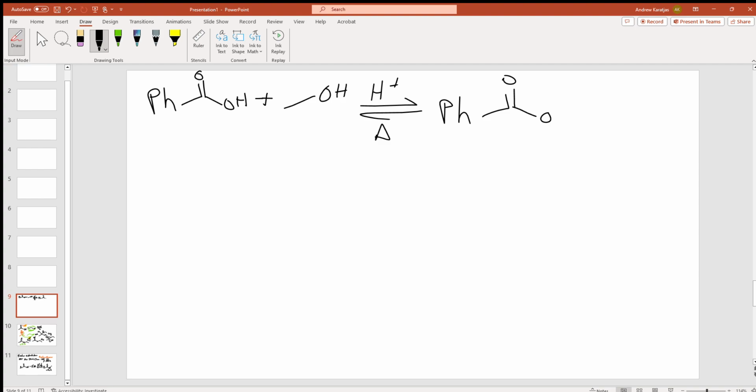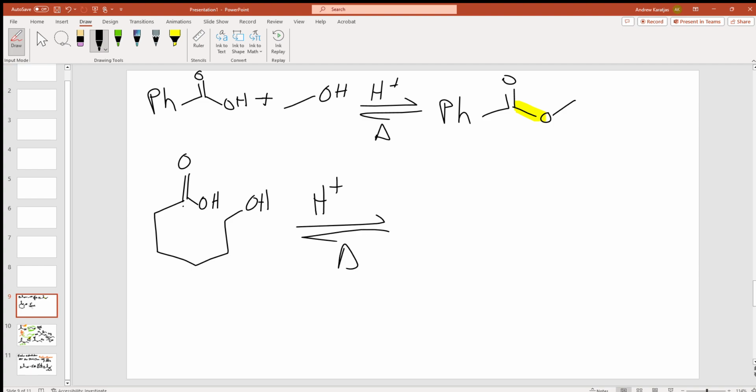We're still going to form that new carbon-oxygen bond here, which gives us our ester. This reaction can also be done intramolecularly. In that case, you'd form a cyclic ester, or a lactone, as your product.